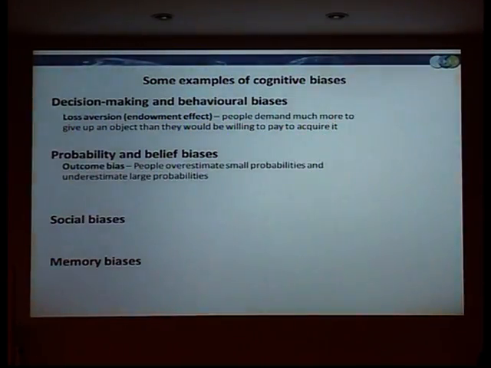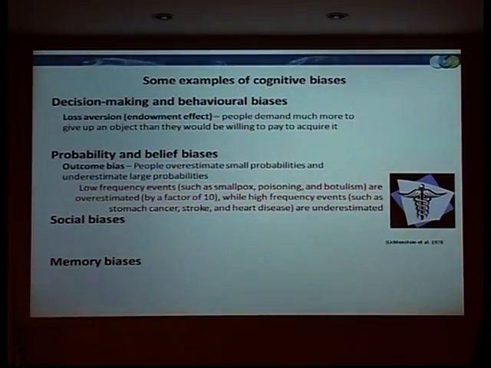The next cognitive bias is in relation to probabilities and beliefs. There are about 50 of these, and I'm just giving you an example to give you a taste of what they are. There's such a thing as outcome bias, which basically means that people overestimate small probabilities and underestimate large probabilities.